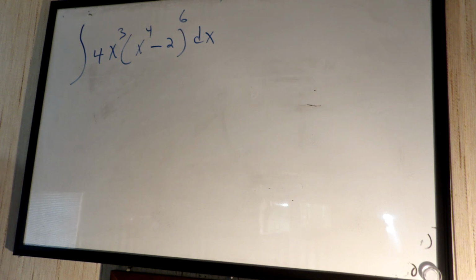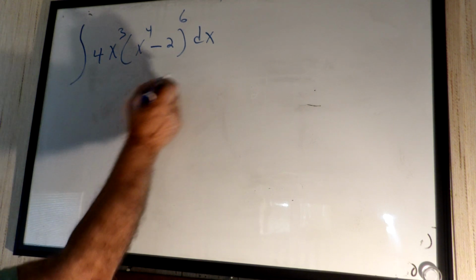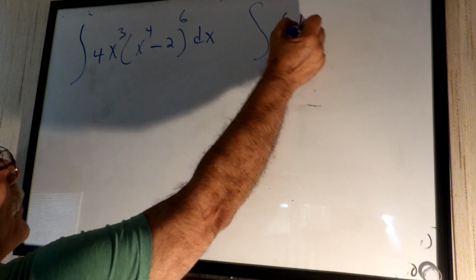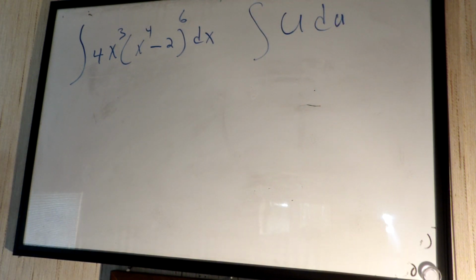See, you gotta choose one of them u and the other one du, so we can integrate that one.